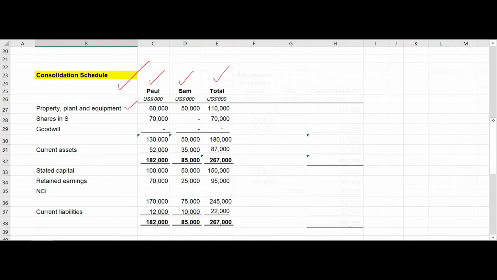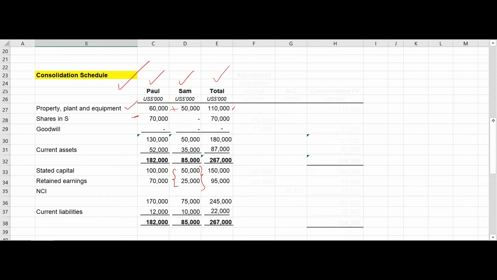So 60,000 plus 50,000 will be 110,000. Then shares in S, 70,000. This is the investment made by Paul company in Sam company to acquire the net assets of the subsidiary company. So 70,000. The total non-current assets will be 180, so 130 plus 50.